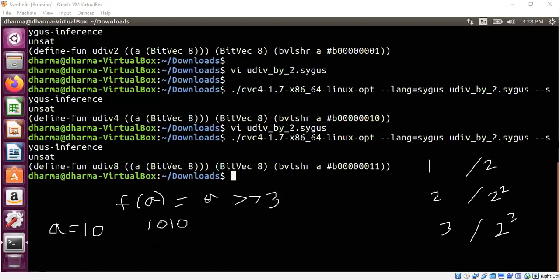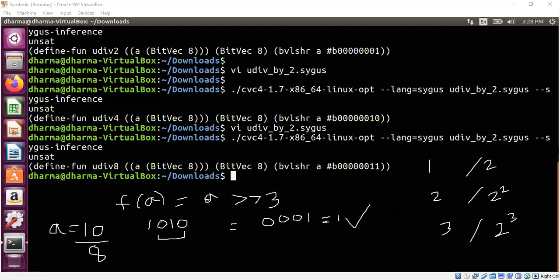And we now remove the last 3 bits due to the right shift. What we are ending up with is 0 0 0 1, right? Which is nothing but 1. Okay, that's exactly what we got as the answer, right? When you divide 10 by 8, the answer should be 1, and we got this.